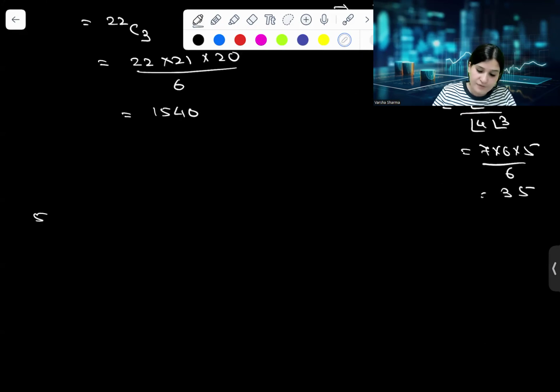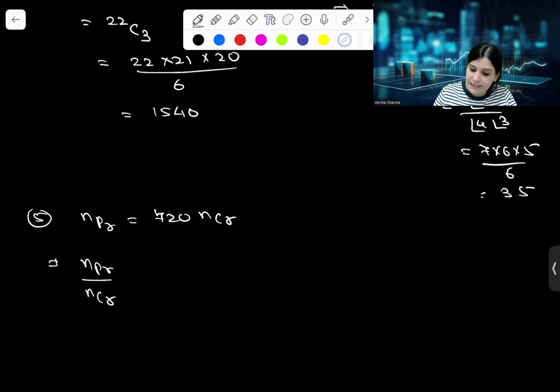Question number 5. nPr equals 720 nCr. nPr divided by nCr is 720. nPr divided by nCr we got as factorial r, and 720.